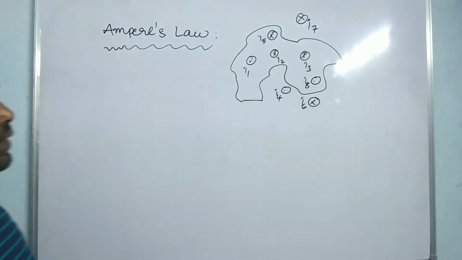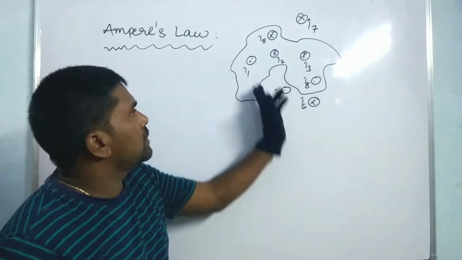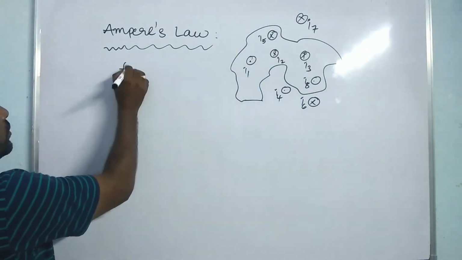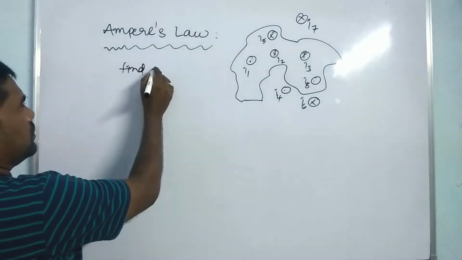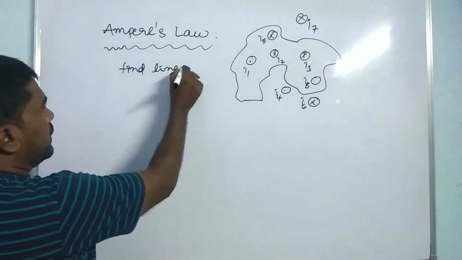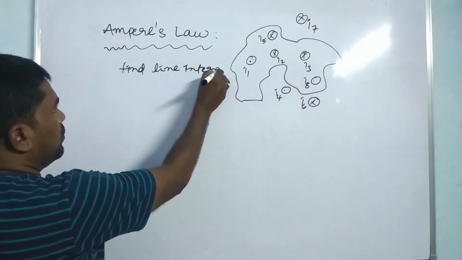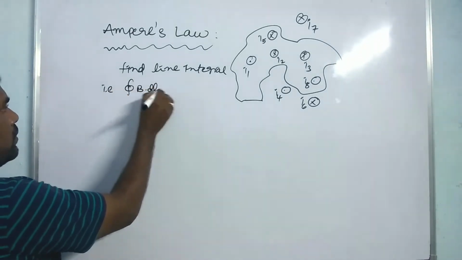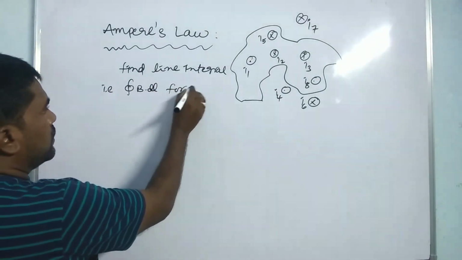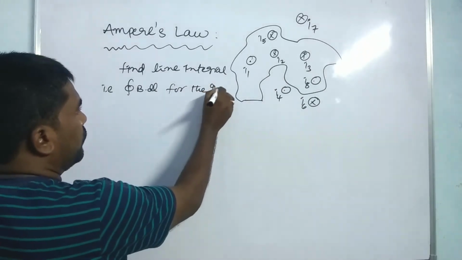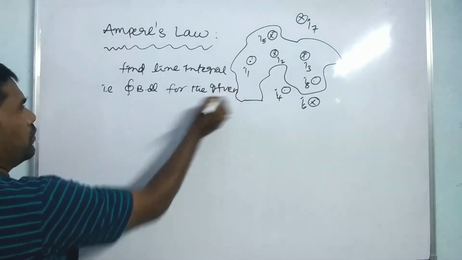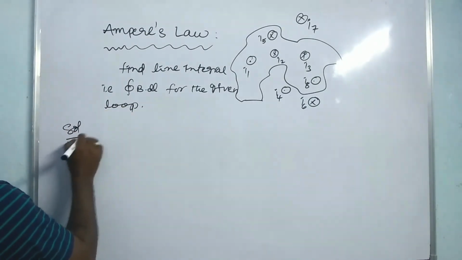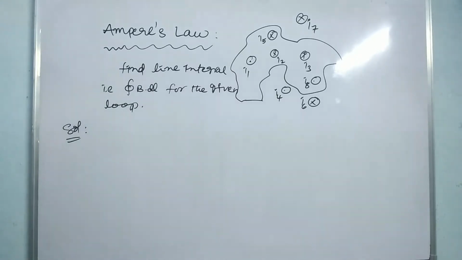So there are 8 currents, 8 wires here. Find the line integral, that is B dot dl, for the given loop. How can we find it?